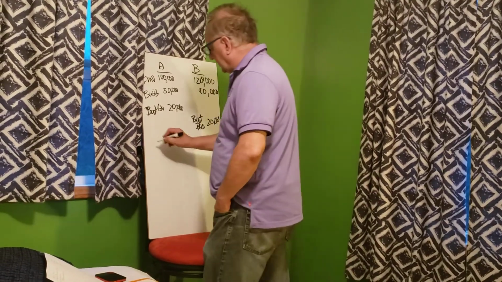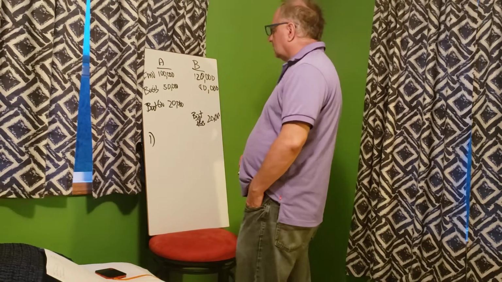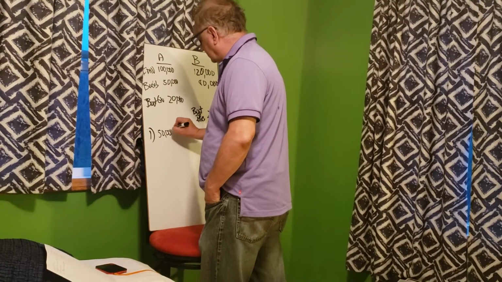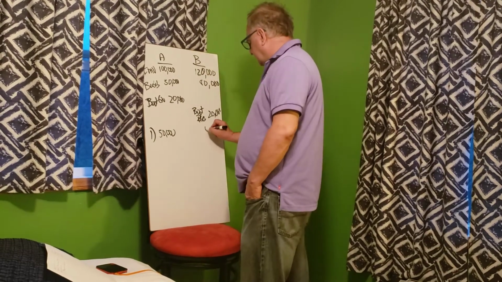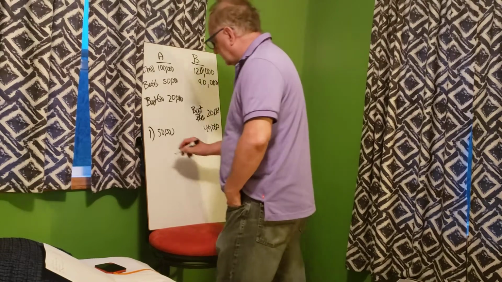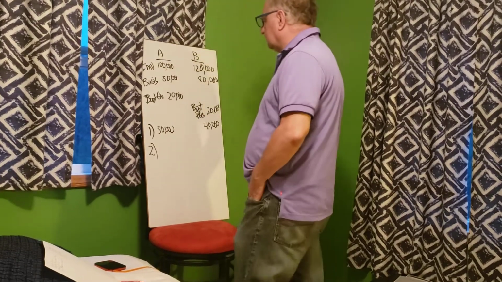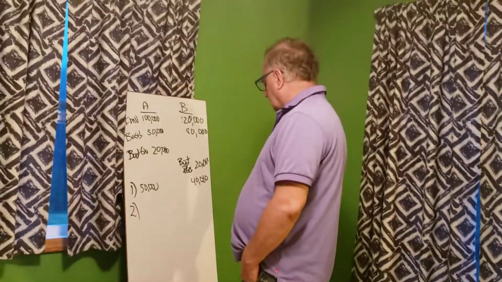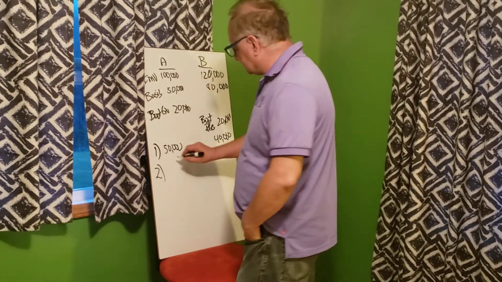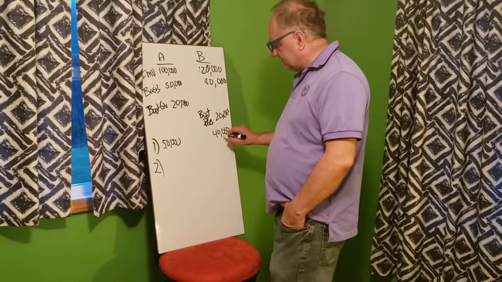Okay, so again, number one, realized gain, 50,000 for A, 40,000 for B. Sorry, I might have misspoke.